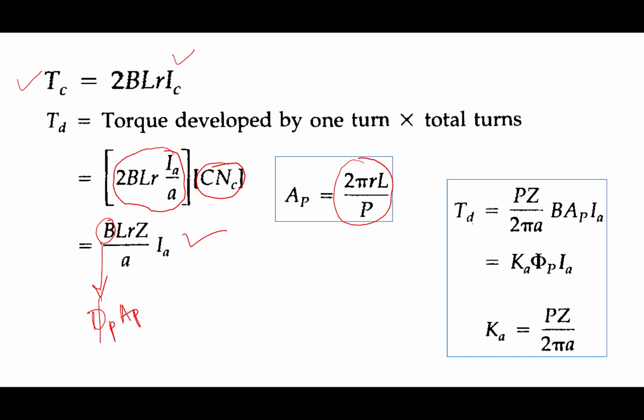After substituting, I will find the torque developed in this equation. Finally, I get K phi P IA, which we obtained in the last class also, right? Is it matching? Yes. So K is nothing but PZ by 2 pi A.